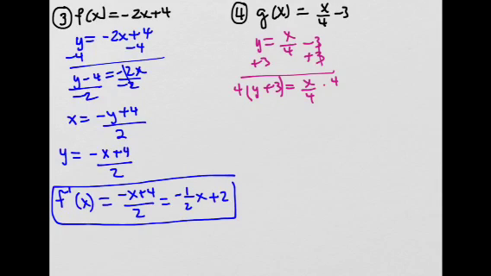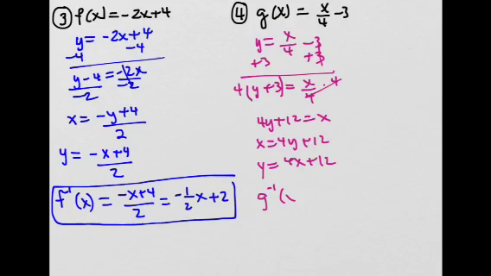So you end up with 4y plus 12 equals x. Switch the x and the y, and then change the notation to function notation. So g inverse of x equals 4x plus 12.